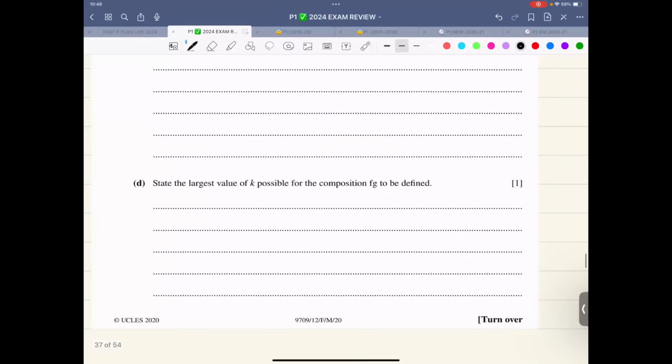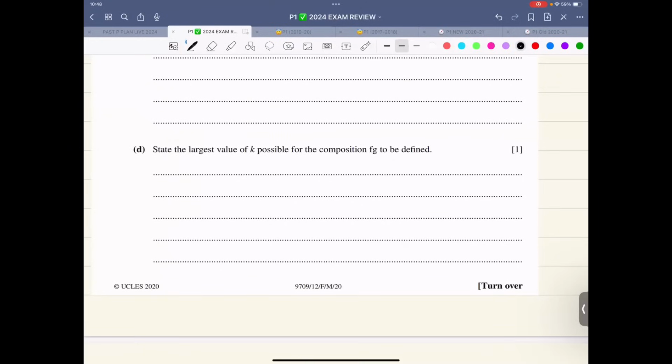Solve the equation. Now, state the largest value of k possible for the composition fg to be formed. First of all, what does fg mean? fg means first g, then f.